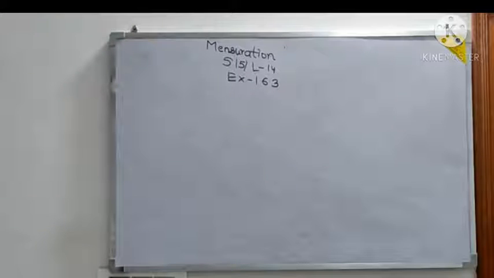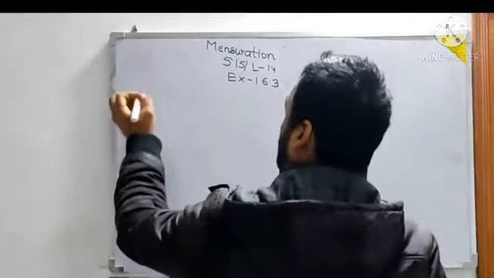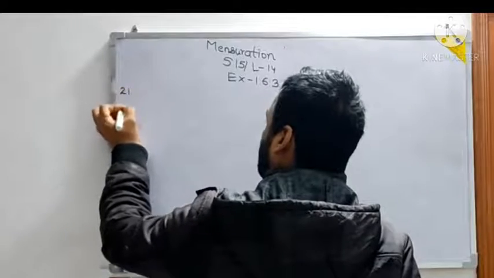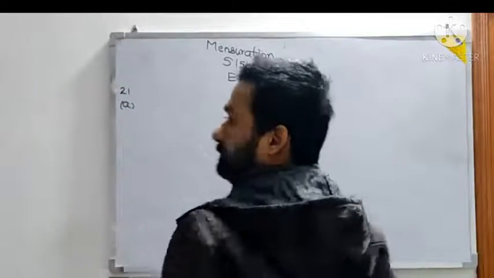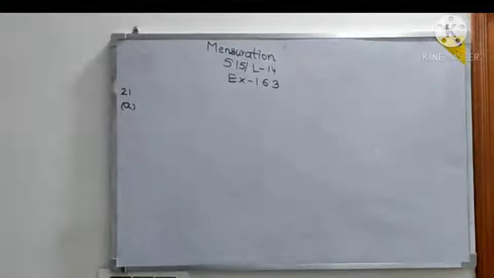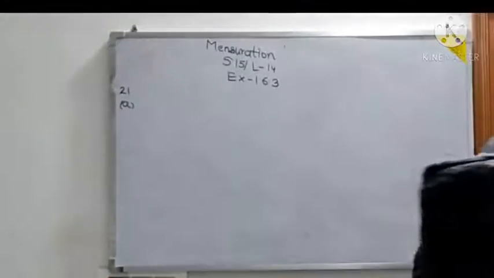So coming up to question number 21, A part. Now what is 21A part? 21A part says there is a quadrant drawn. Let me draw it first and then explain the question to you.